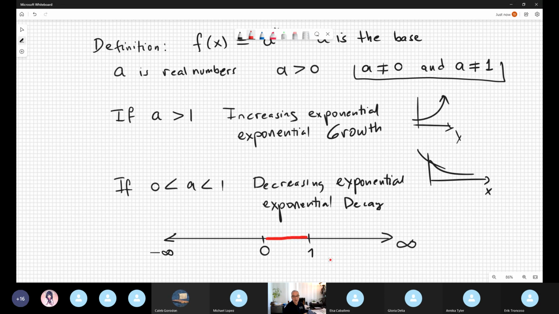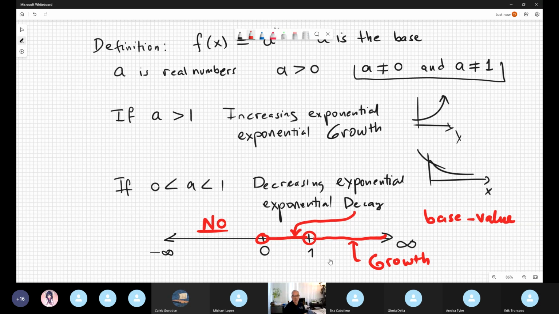No 0, no 1, and this is decay. And we continue here, exponential on the base. This is the base value. This is growth, exponential. 0 and 1, no, trivial, and negative, illegal. Of course, no.